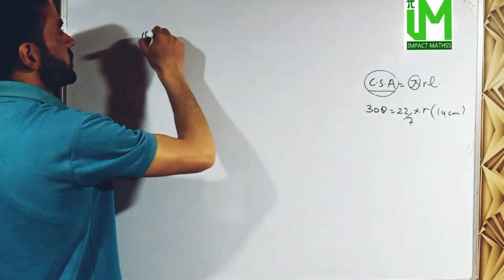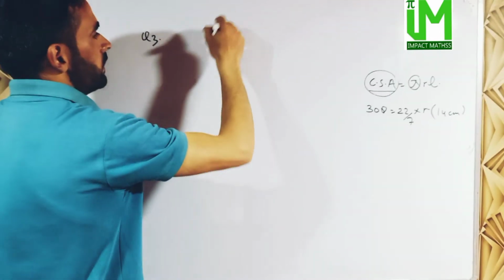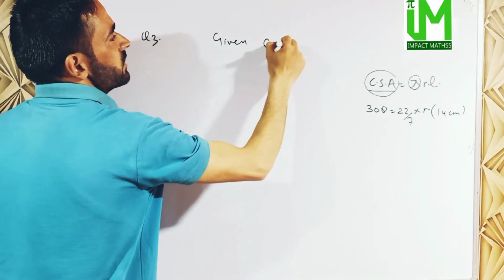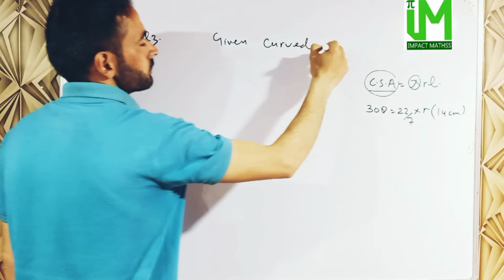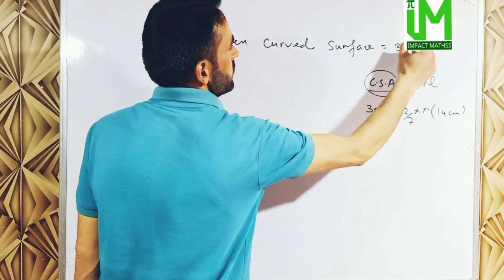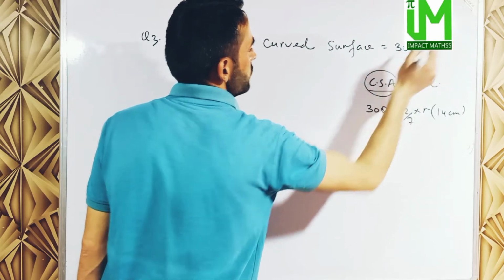So we will write question number 3. So given curved surface area, that is given to be 308 centimeter square.